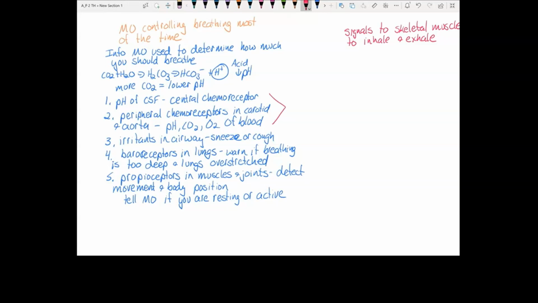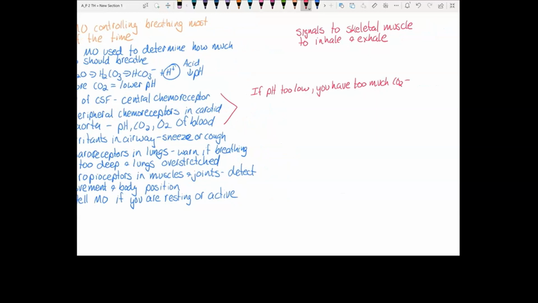Okay, and remember the relationship between carbon dioxide and pH. So if pH is too low, that means you have too much carbon dioxide. So you need to breathe more to get rid of it.